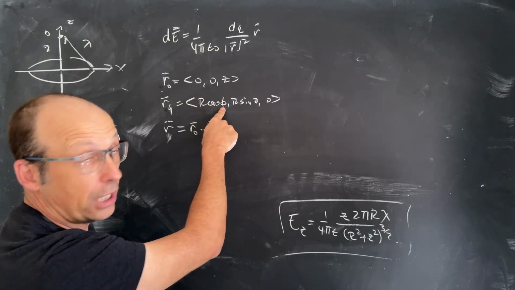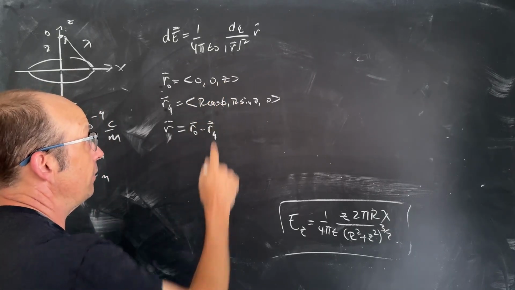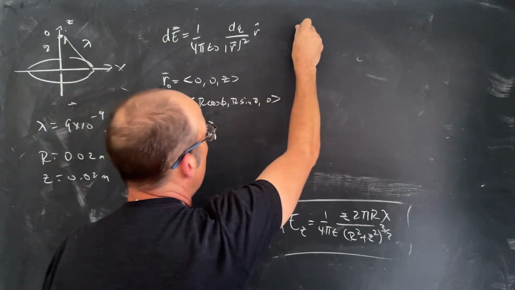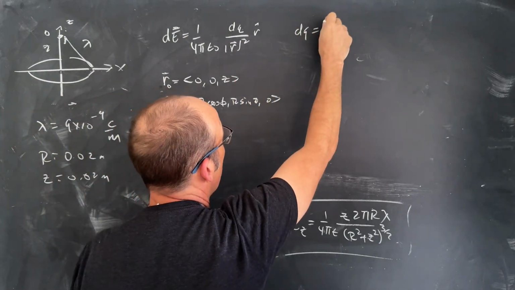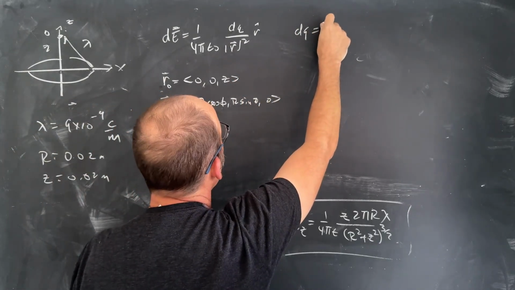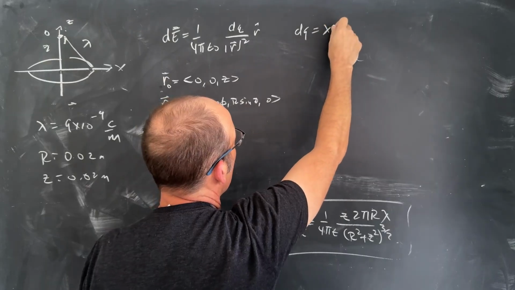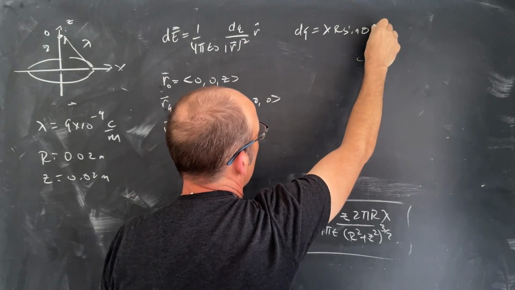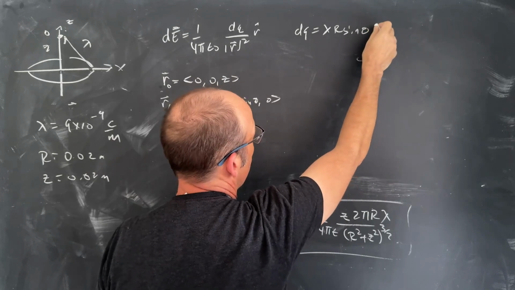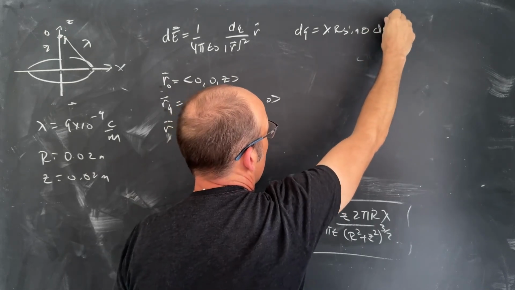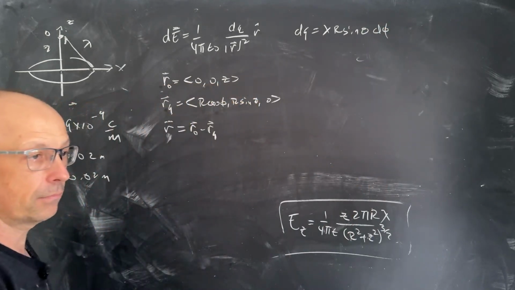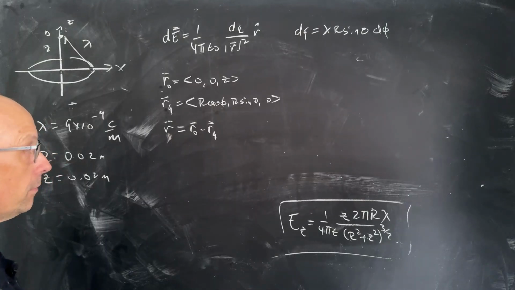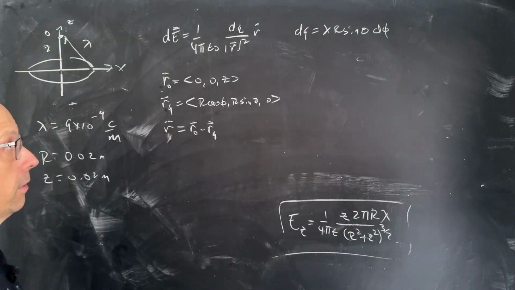As phi changes, it changes, and that's my Z value as it changes. We did say this, dq was lambda r sine theta, which theta was pi over 2, times d phi. That's important too, because that way I can do it in terms of lambda.